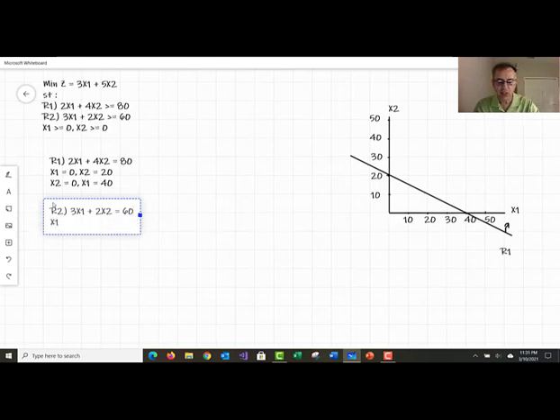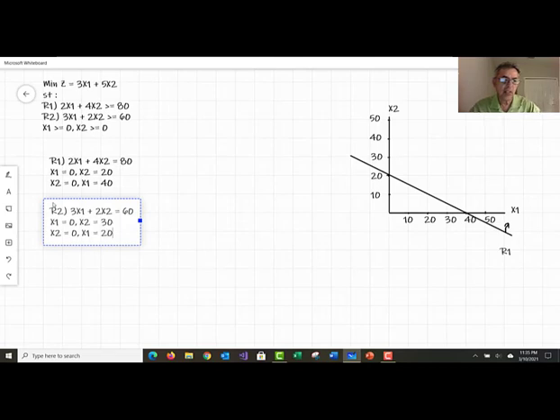Again, for convenience, I let x1 equal to 0, which would give me 2x2 equal to 60, or x2 equal to 30. And then I let x2 equal to 0, which would give me 3x1 equal to 60, or x1 equal to 20.